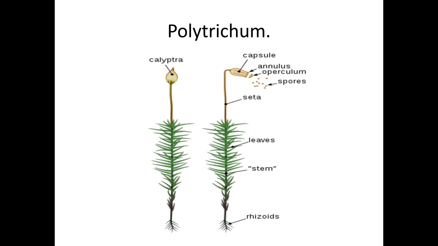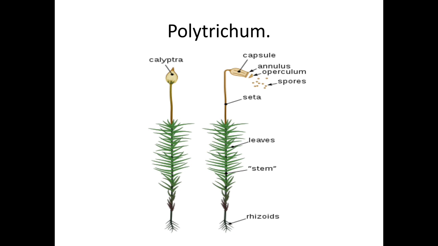Polytrichum belongs to class Bryopsida. In case of Bryopsida, the plant body is not thalloid; it is distinguished into rhizoid, axis and leaf-like structure.